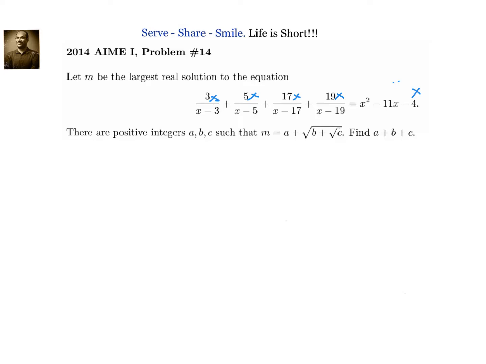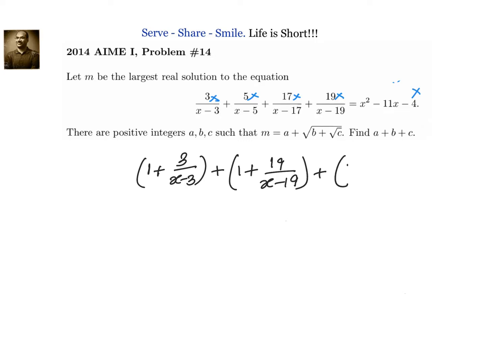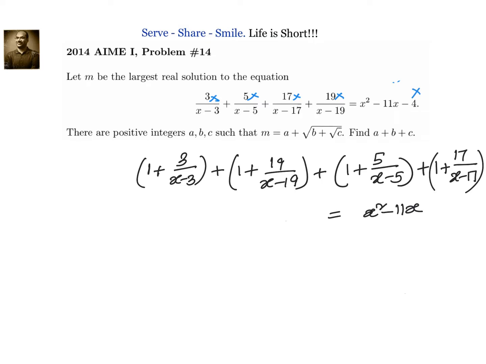So what I will do, that 4 I will bring it to left hand side and I will write down 1 plus 3 by x minus 3 plus 1 plus 19 by x minus 19 plus 1 plus 5 by x minus 5 plus 1 plus 17 by x minus 17. This whole thing is equal to x square minus 11x.